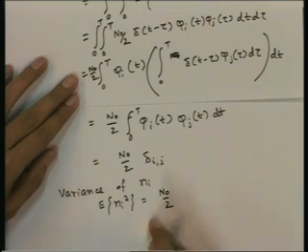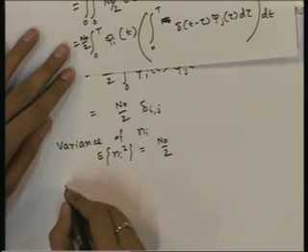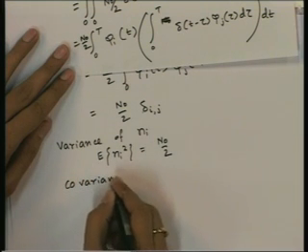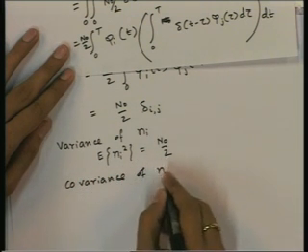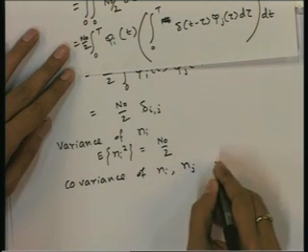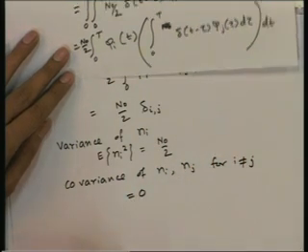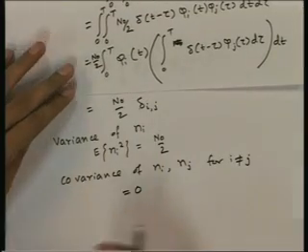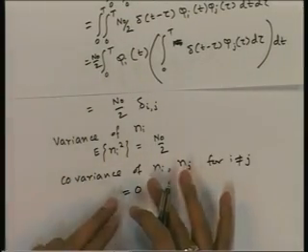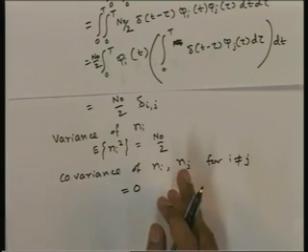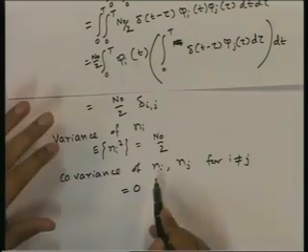This is the variance, and the covariance of N_i and N_j for i not equal to j is 0. So, that means these noise components are uncorrelated, and we already know that they are Gaussian.